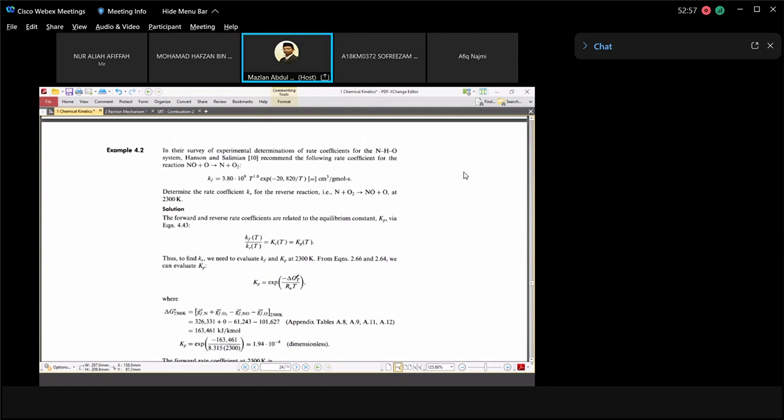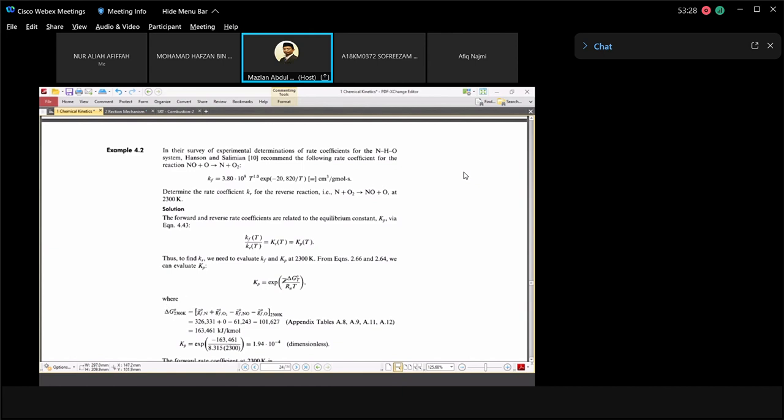We know Kp, the equilibrium constant, based on our second chapter, is equivalent to exponential of minus delta G at T over RuT, with delta G depending on your reaction at that temperature.